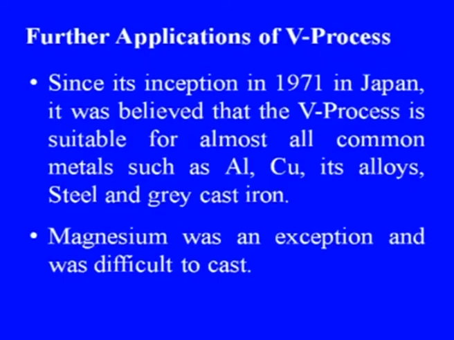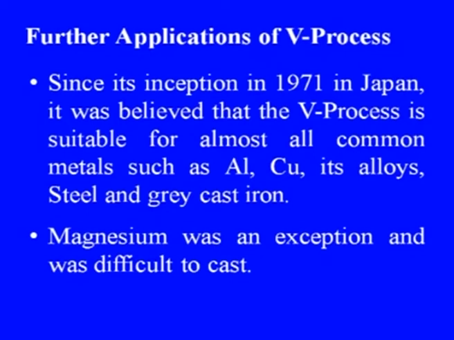Since its inception in the year 1971 in Japan, it was believed that the V process is suitable for almost all common metals such as aluminum, copper and its alloys, steel and grey cast iron.